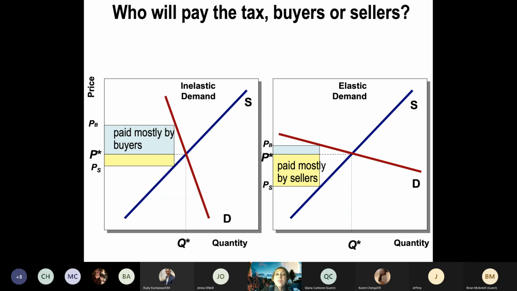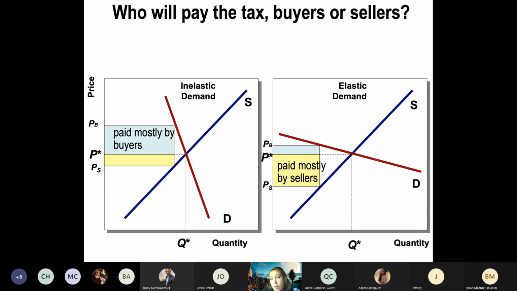Buyers want something badly in the first market and not so badly in the second market, since they have more choices there. You see that buyers end up paying a higher share of a similar tax in the first market. Whoever wants something bad enough will pay a higher share.